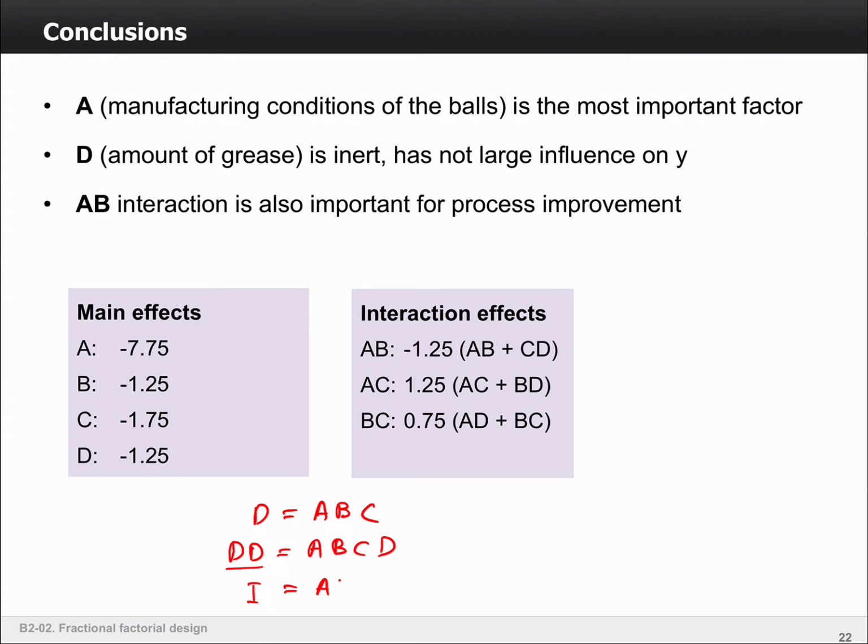So this is our generating relation, ABCD. And from this relation, we know that all main factors are confounded with three-factor interactions, and two-factor interactions are confounded with each other. So that's why we have this notation for the interaction effect. So all two-factor interactions are confounded with each other.